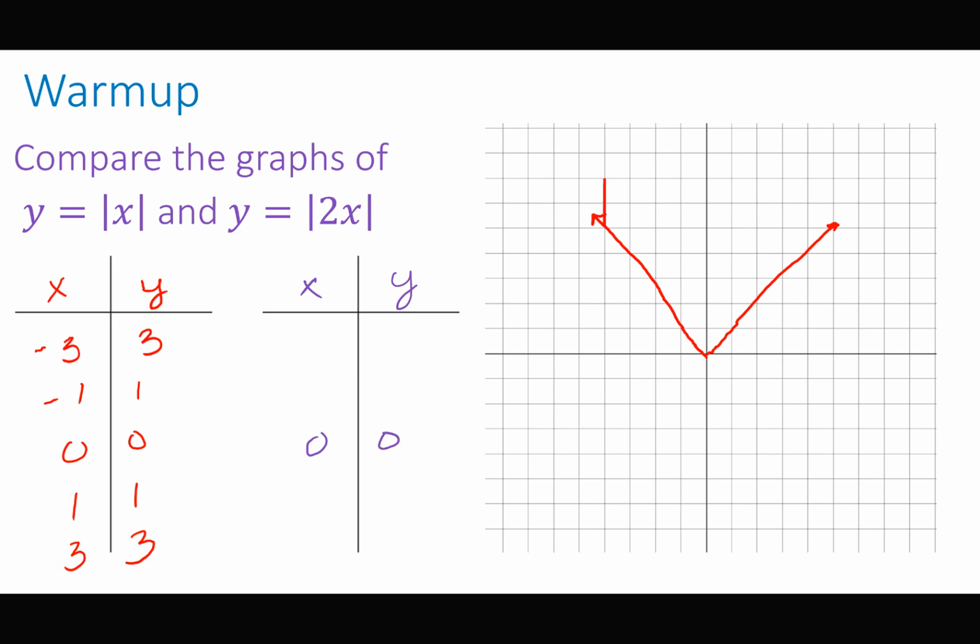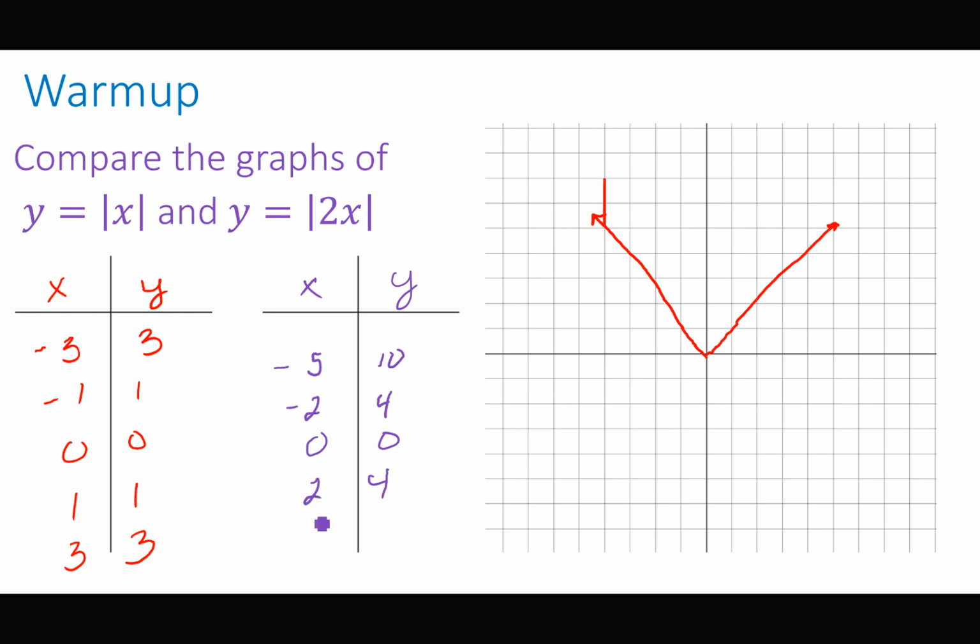So we know if we do 0, 2 times 0 in absolute value bars is still going to give us 0. If we did, say, a -2, and so 2 times -2 would be -4, but still in absolute value bars, so that brings us to a +4. If we did -5, we'd have 2 times -5, which is -10, but it's an absolute value bar, so it'd be a +10.